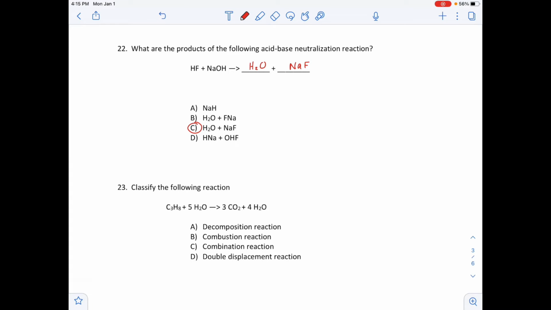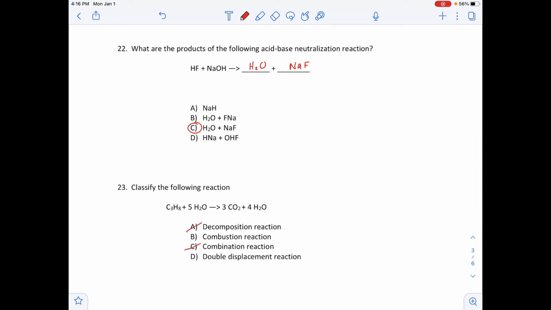For 23, it says classify the following reaction. So when we look at our answer choices, we can tell that it's not going to be a decomposition reaction because 2 things are being reacted and they form 2 products, so that wouldn't make sense. We know that it's not a combination reaction because when we look at this, 2 things are being reacted to form 2 products.